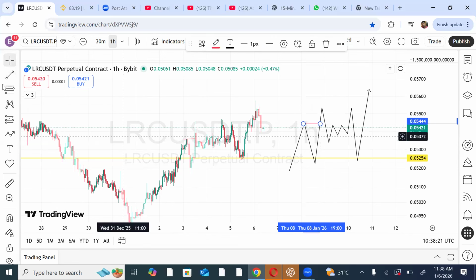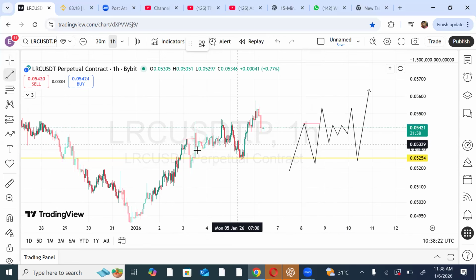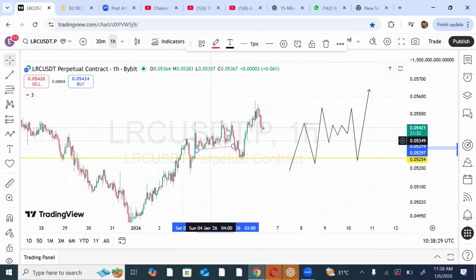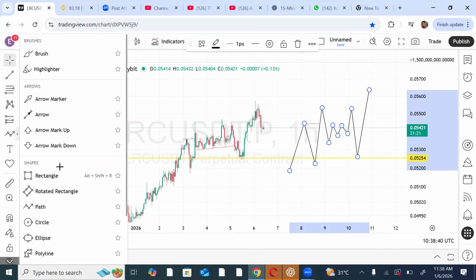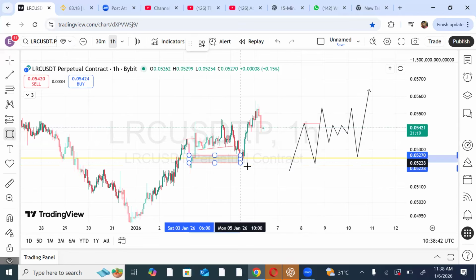Inducement. A lot of persons must have started trading from here, thinking price wants to go up. This is all retail. That's why you see the trend is weak. Nothing happened here. Price came back to mitigate what? Order block. Amazing strategy. It worked.